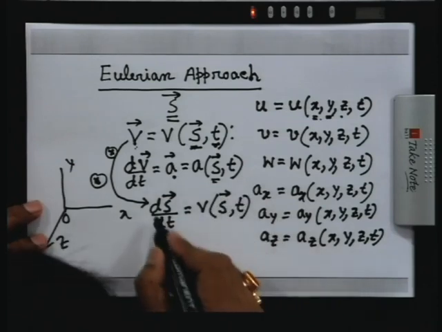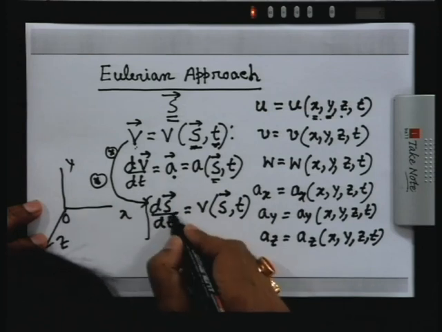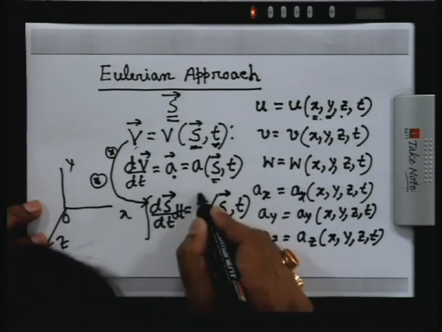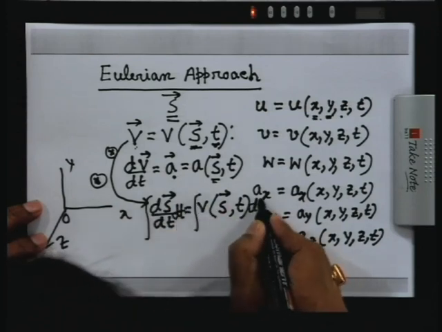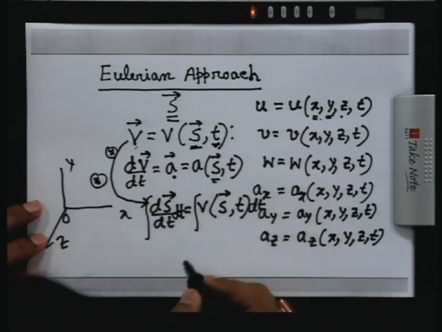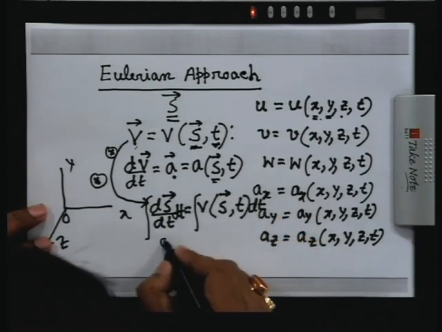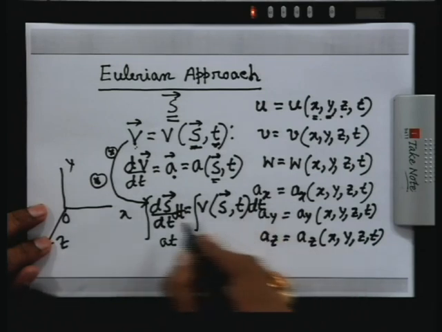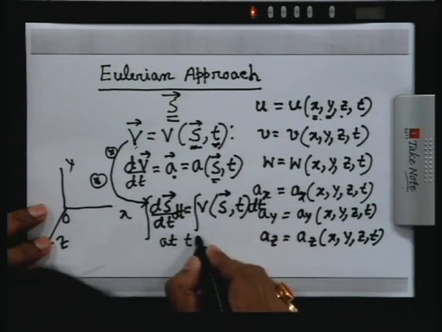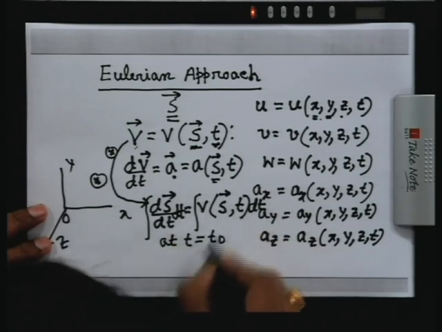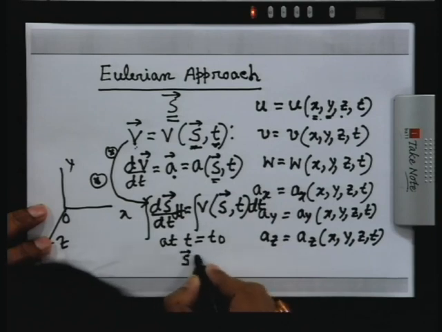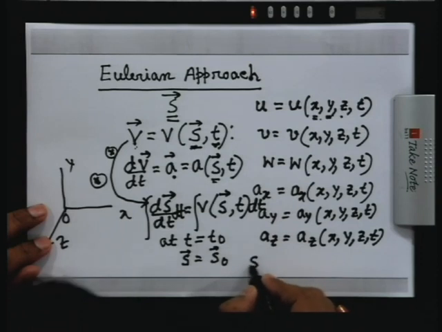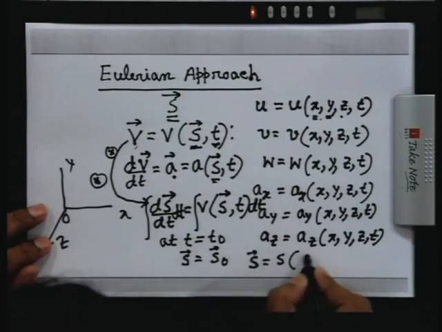Now, if we integrate this with respect to dt, with the initial condition at t equal to t0, s is s0, then simply you get an expression that s is a function of s0 and t.